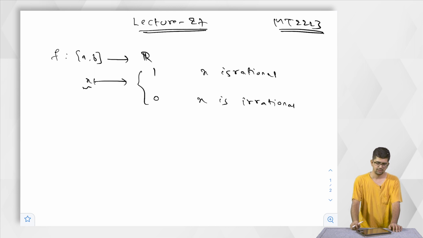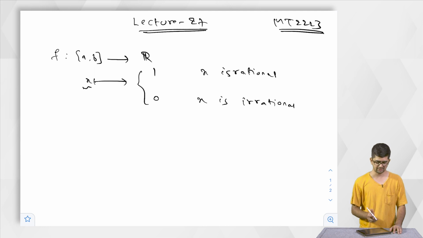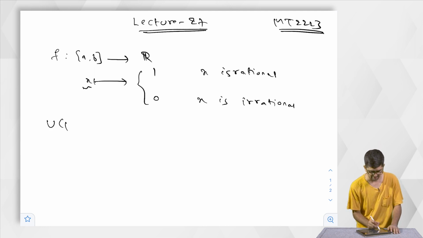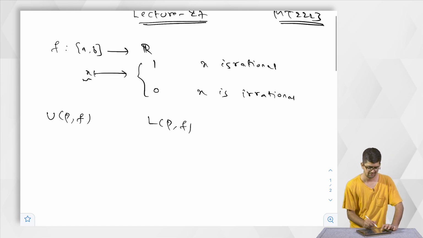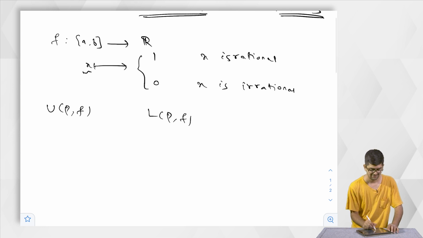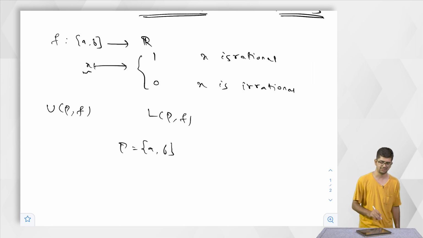Before proceeding to anything else, let us take some partition and then check what is the U(P,f) and L(P,f). Let us take a simple partition, the basic one, just two elements, P = {a, b}. A partition should contain the endpoints of the interval, so I have to include those, and I am not taking any other element, just these two.